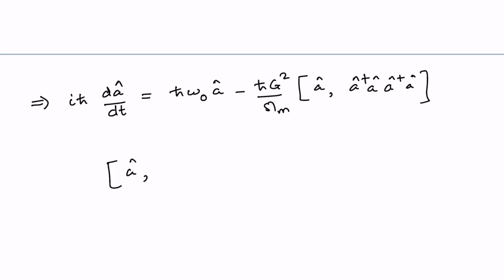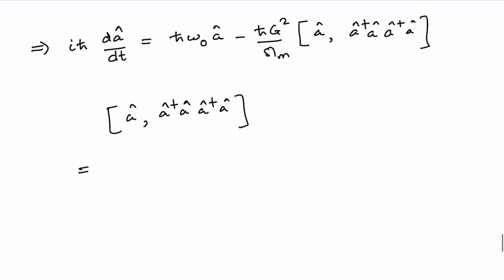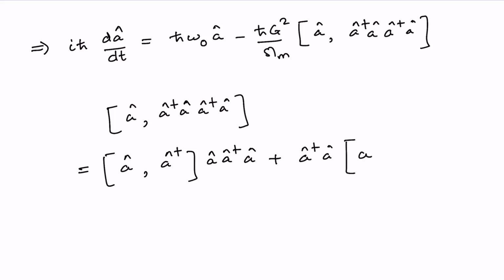This I can write in this form: A, A dagger A, and then I have another term, A dagger A times the commutator of A with A dagger A.